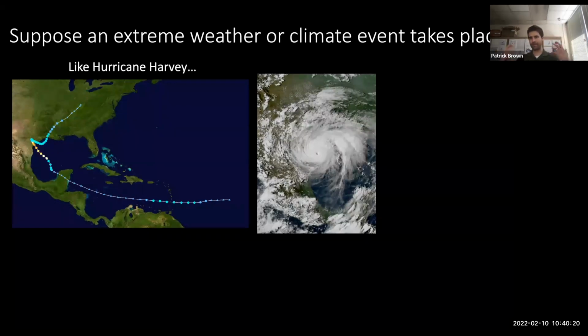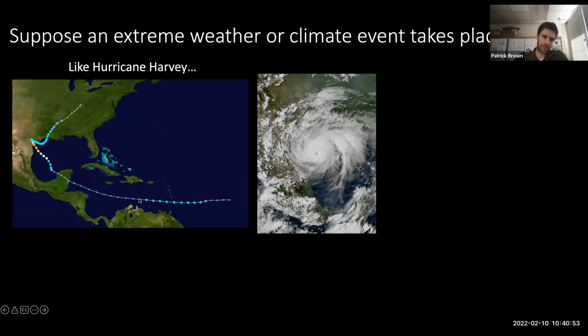The basic starting point question here is: let's say something happens. Suppose some extreme weather event, usually a highly impactful one for humans, occurs. Hurricane Harvey is a good example of this. Hurricane Harvey was a 2017 hurricane that was a Category 4 hurricane and hit Houston.